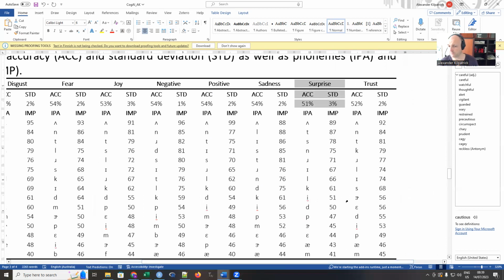Now, I was thinking maybe surprise would be something that was pretty robustly reflected sound symbolically in American English, because when we are surprised by something, we go, "Wow!" Right? There is this automatic verbal response to surprisal. However, that might be the reason why surprisal isn't reflected sound symbolically in American English.